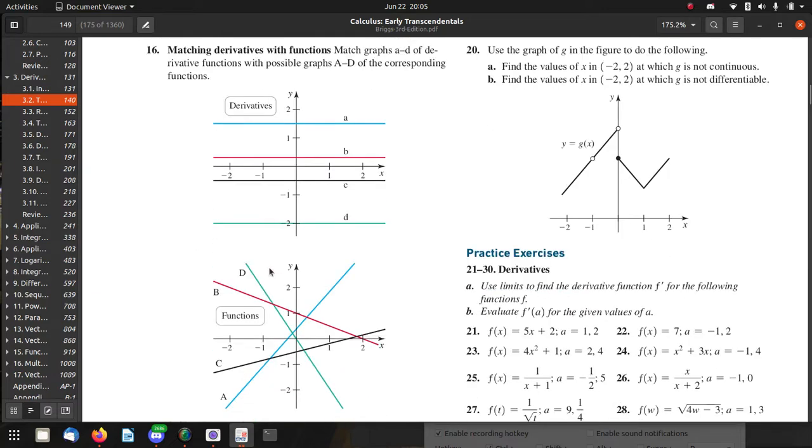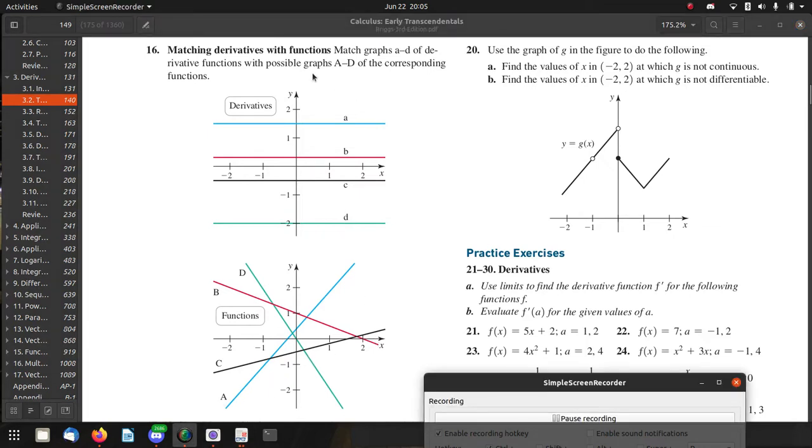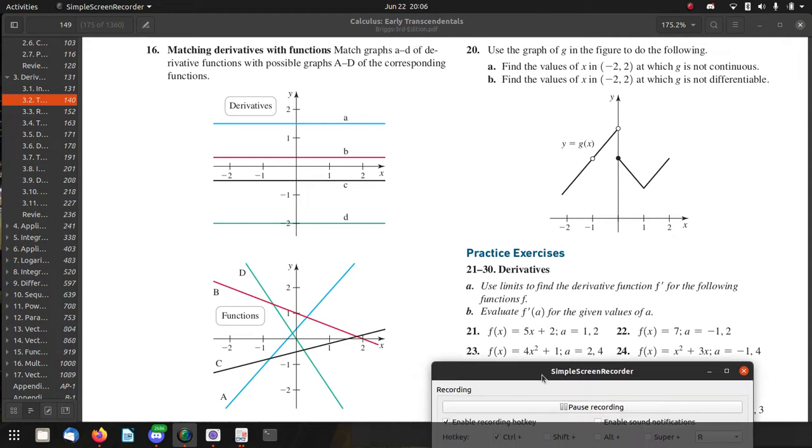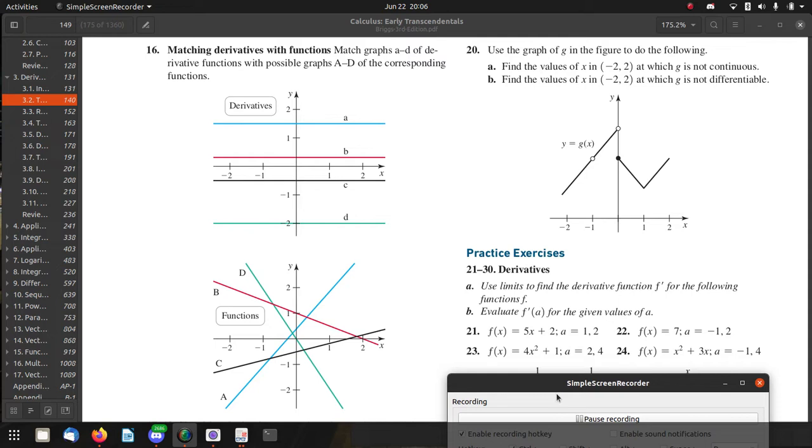What 16 is asking us to do is match the graphs of a and d derivative functions with possible graphs a and d of the corresponding functions. To do that, we need to consider a little about what derivatives represent and how we can see those representations on the graphs.